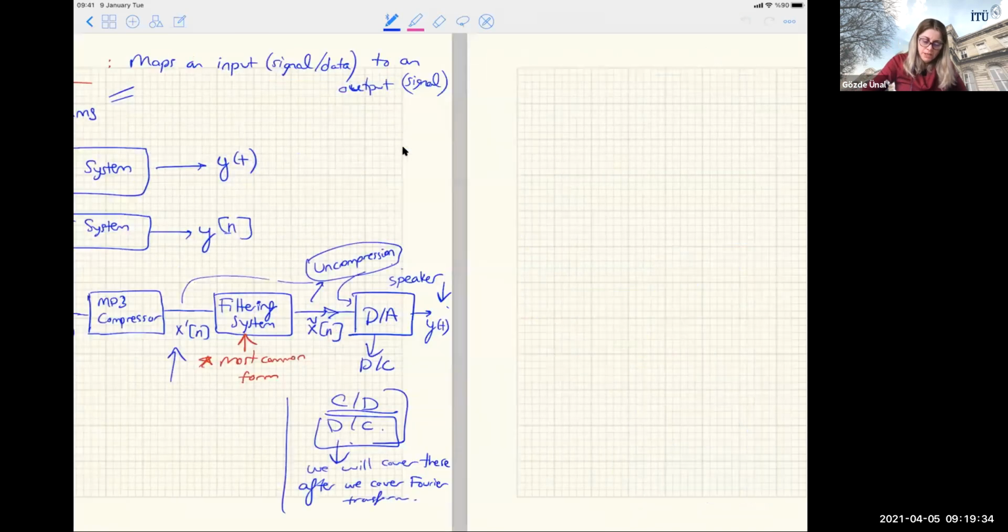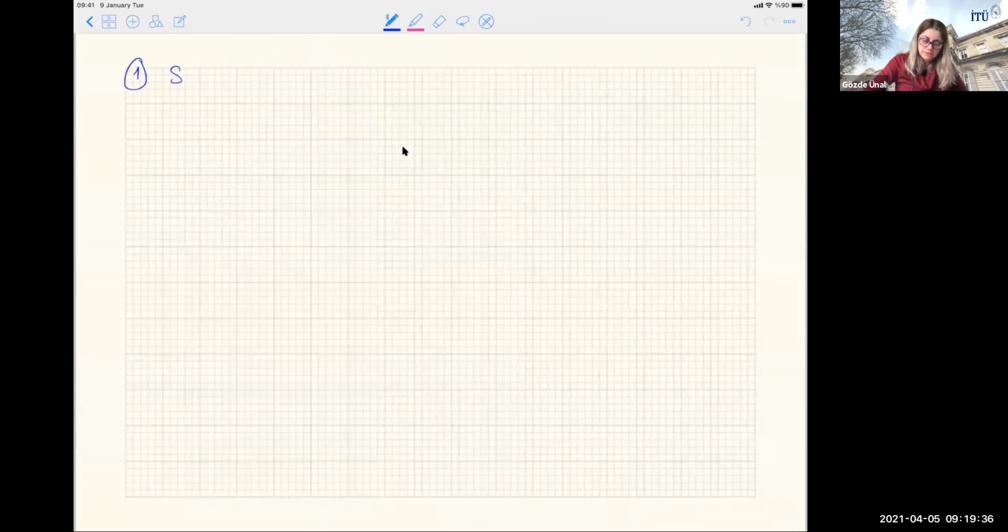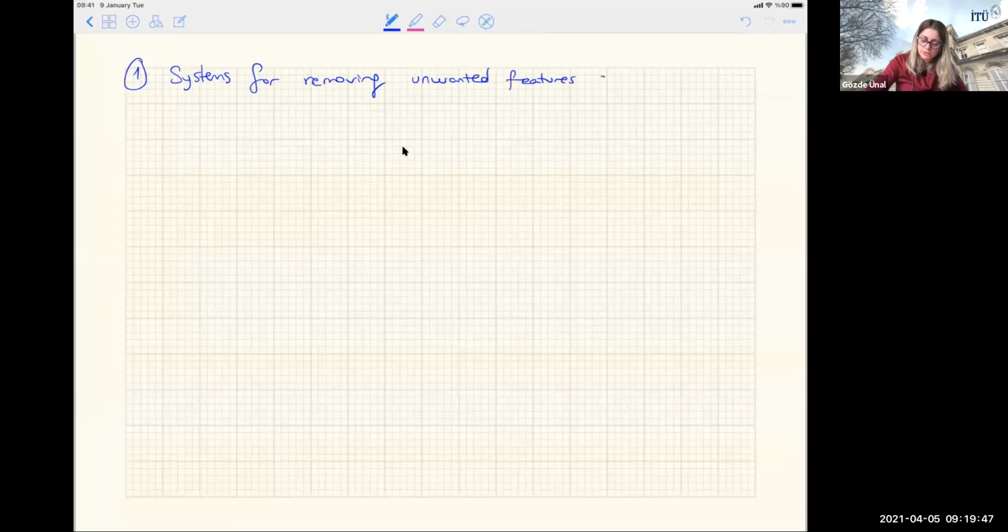So we said systems for removing unwanted features such as noise, etc., from signals, right? Because a system manipulates a signal, remember. They are manipulators of signals. So, for instance, filtering.